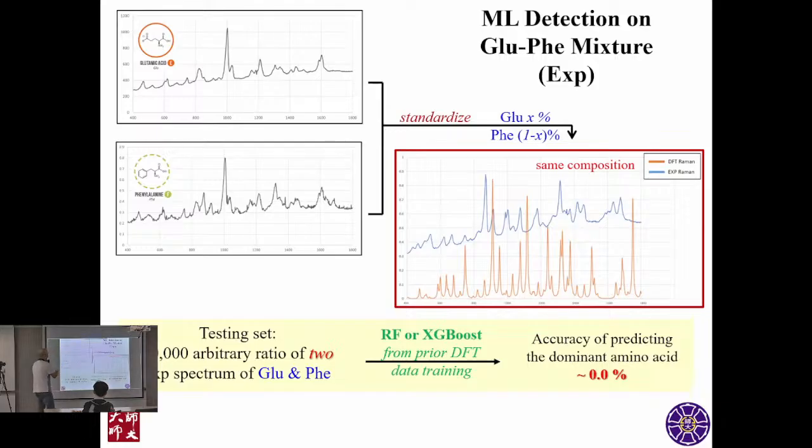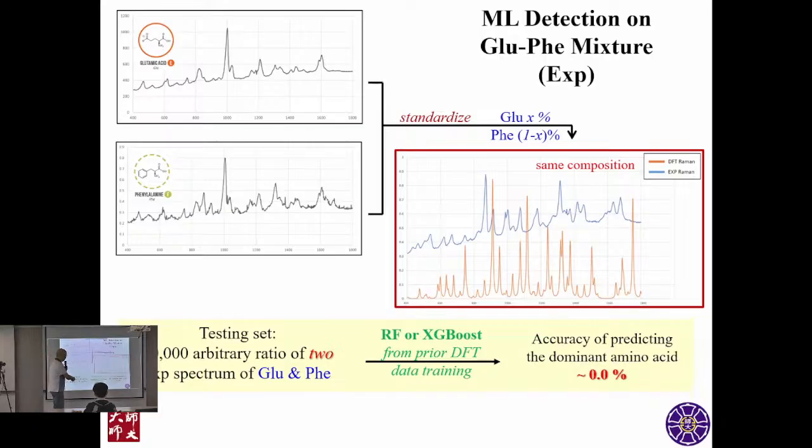So we just borrow this experimental data from them, and we do exactly the same thing. We make a random combination of any two. But here, because my colleague can only give me the glutamic acid and phenylalanine spectra, we generate a simpler training data set of 20,000 arbitrary ratios of the two experimental spectra, glutamic acid and phenylalanine.